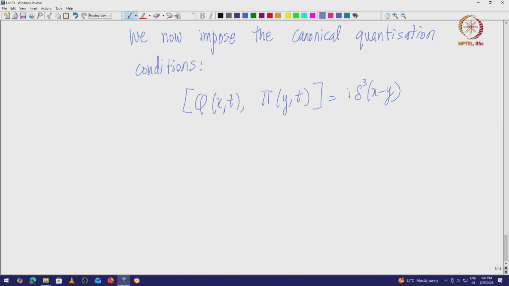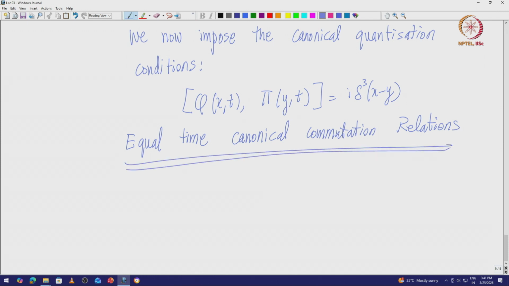So, these are called equal time canonical commutation relations, sometimes you can call it ET-CCR.